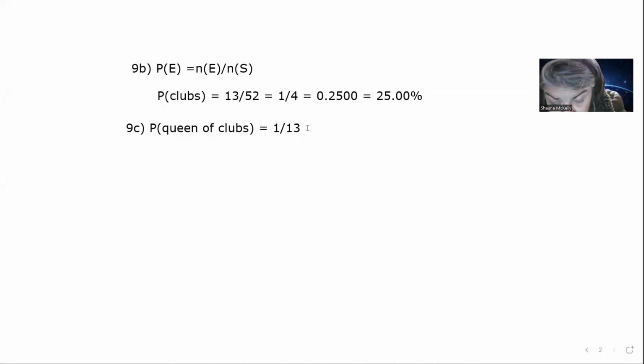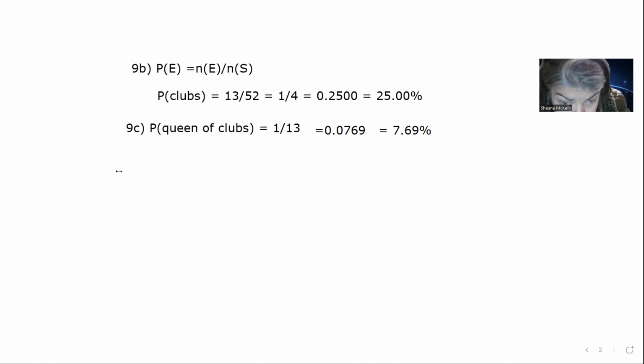So this is going to be equal to 0.0769. We're multiplying it by 100, so this is equal to 7.69%. Okay, that's our percentage.